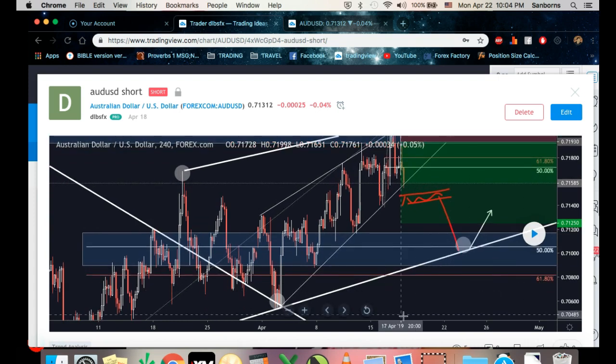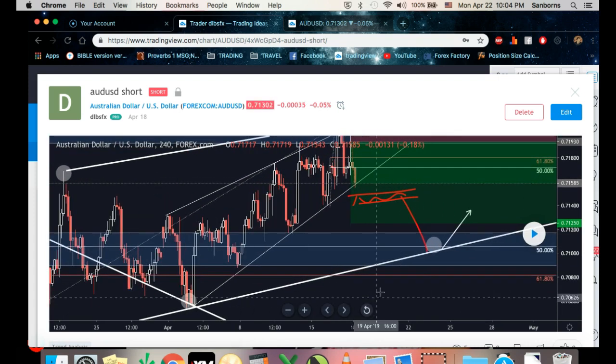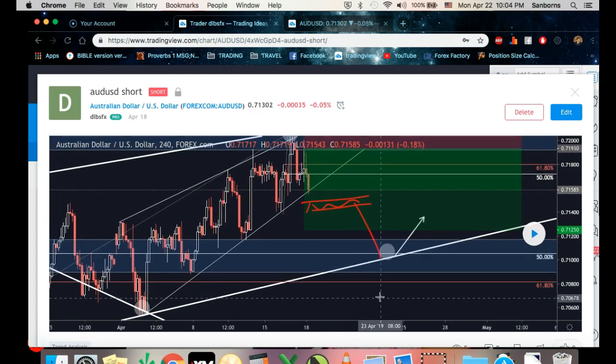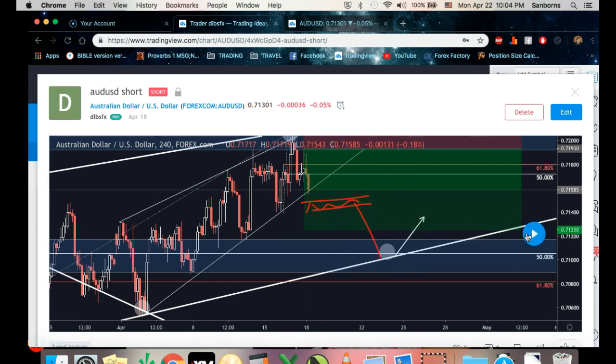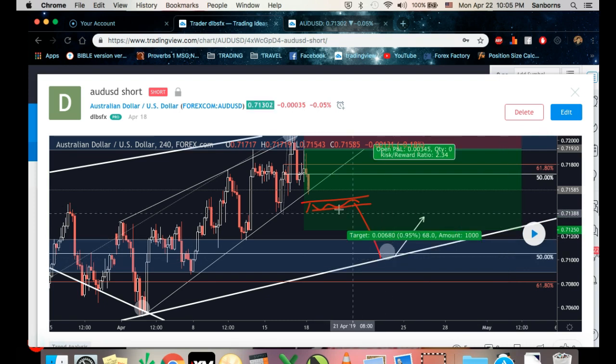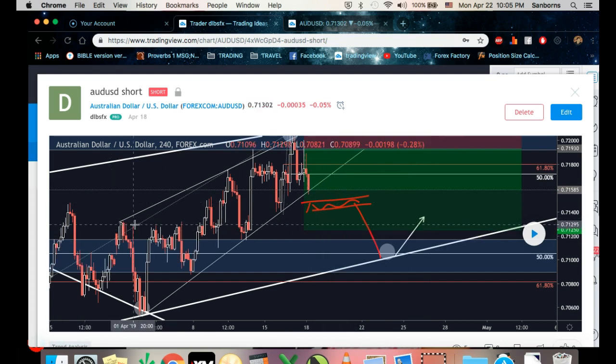Didn't necessarily want to try and take it all the way down. Wasn't sure how far this corrective structure, if there was going to be one, would go. I'm not sure how long that would have lasted, so I just picked a previous resistance.